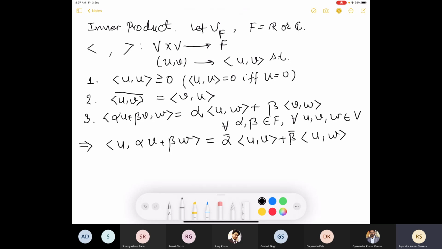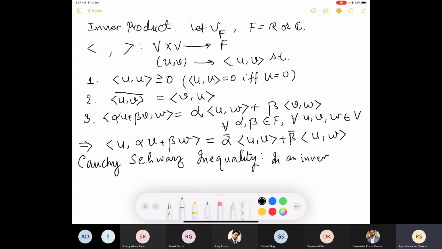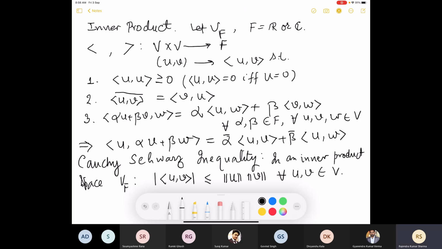To recall once again, for an inner product space V over F, the Cauchy-Schwarz inequality says that the modulus of the complex number, the inner product of U with V, is less or equal to the product of the norms of the vectors U and V for all U, V in V. So this is what we had done for this.